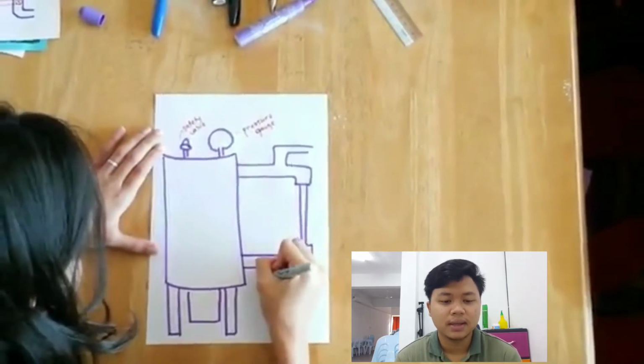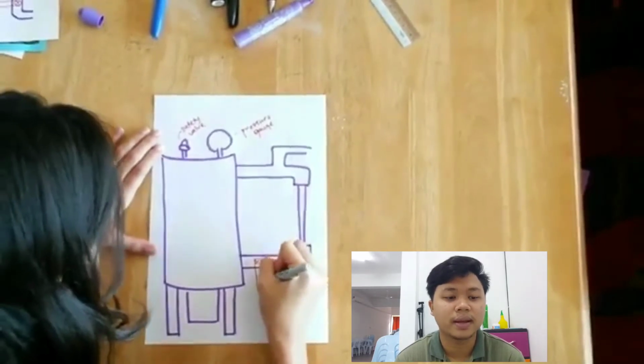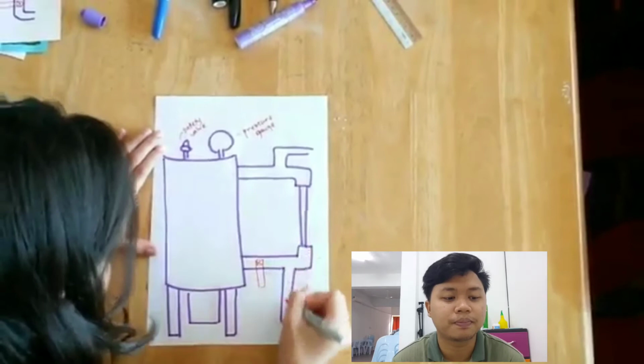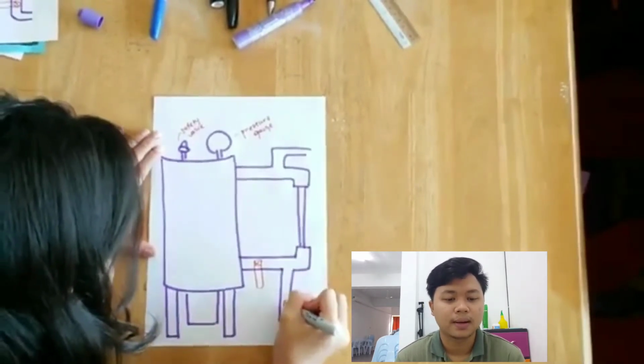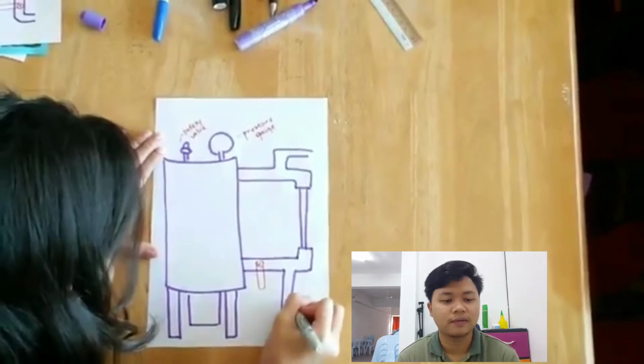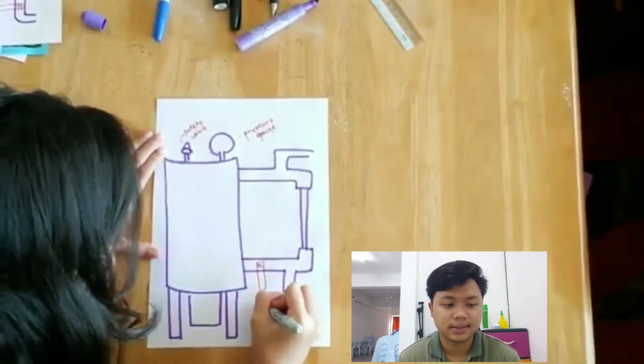However, in this experiment, the pressure will vary as well as the temperature, and the measurement is taken only when the water is completely vaporized, which we call saturated steam.